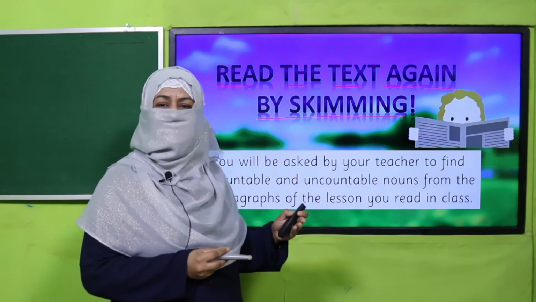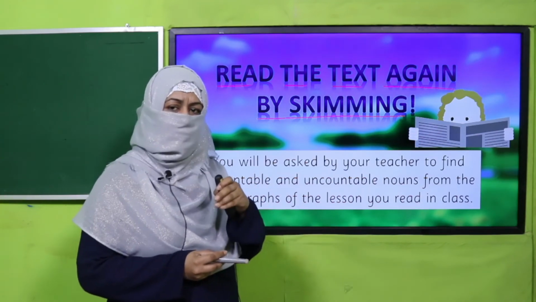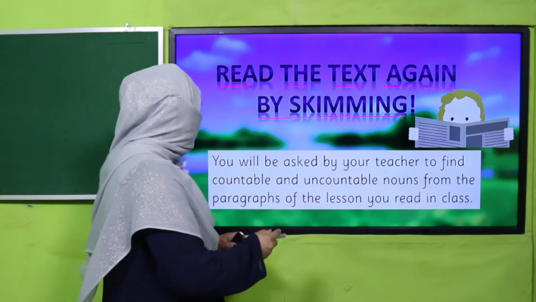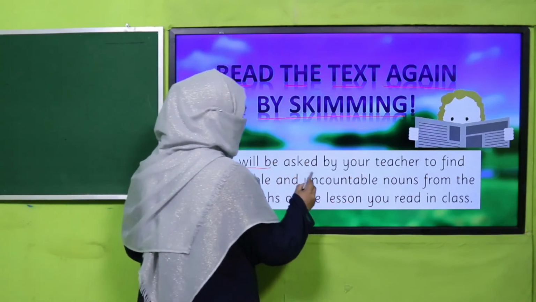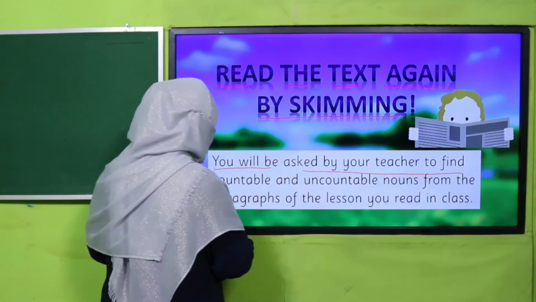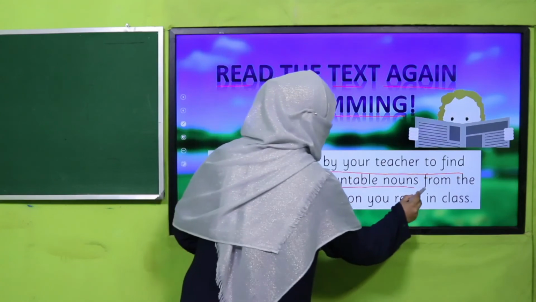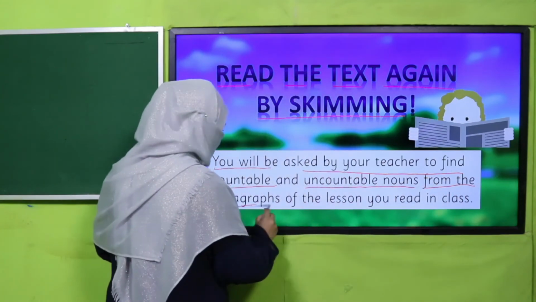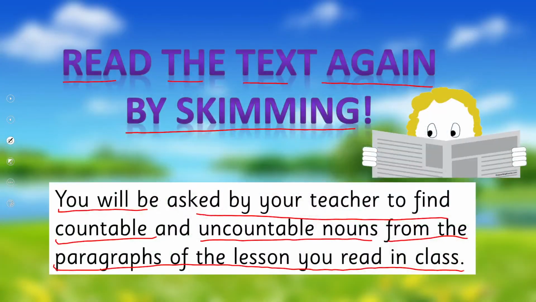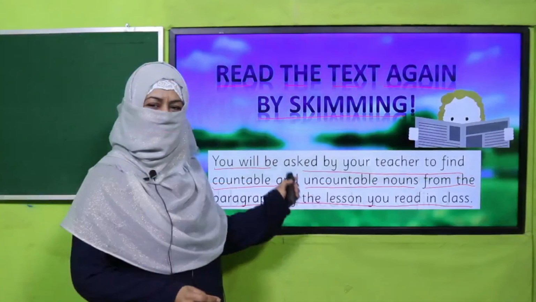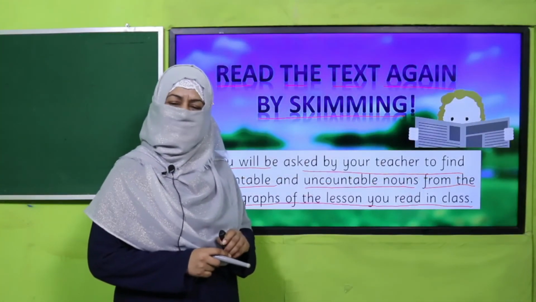That is called skimming. So by skimming, all of you will do your individual reading, and then you will be asked by your teacher to find countable and uncountable nouns from the paragraphs of the lesson you have read in the class. Okay, so pause the video, complete this skimming activity, and then come back.